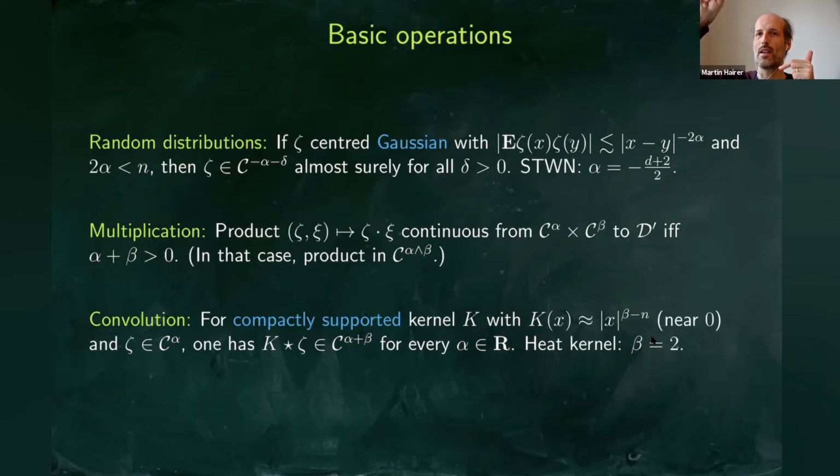So t to the minus dimension over 2 is really t to the half to the power minus dimension. This whole power would be minus the space dimension, whereas n would be space dimension plus 2, and therefore beta would be 2. So in the case of the heat kernel, beta is equal to 2 with parabolic scaling. That tells you that if you take any distribution and convolve with the heat kernel, it increases regularity by 2. That's the important thing to take away from this discussion.